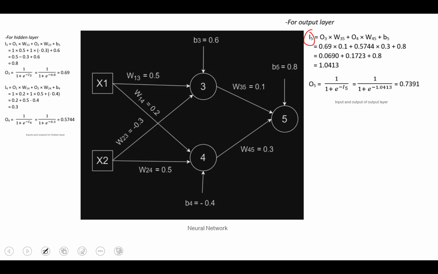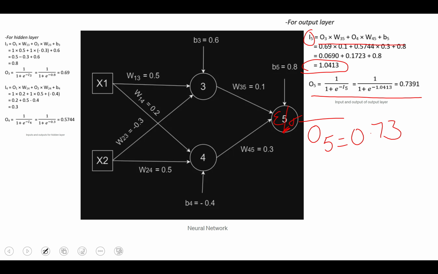So in I5, we are going to do this multiplication and then we will get the weighted sum on this neuron. Then we are going to apply the sigmoid function and we are going to get the O5 value, that will be 0.73. This evaluation you should do yourself to check whether the output is correct or not.